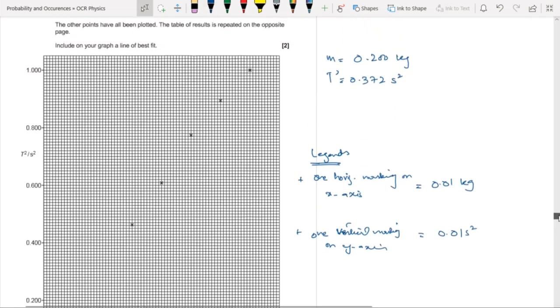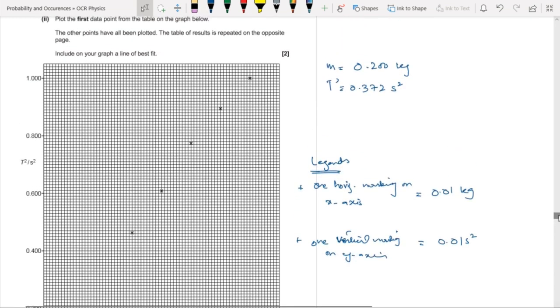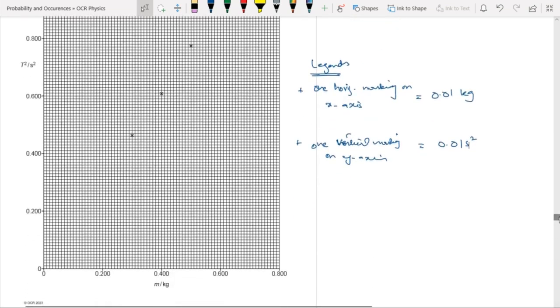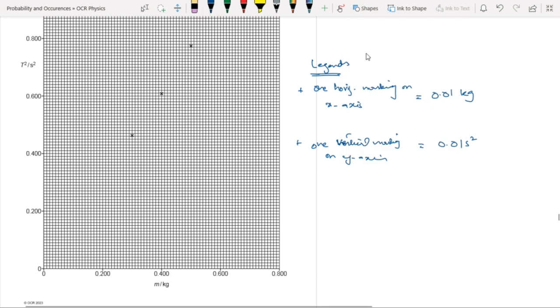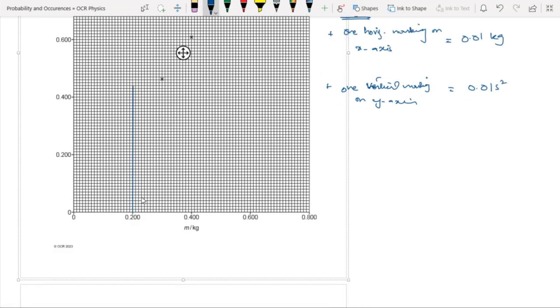All right, going back above, we needed to plot the point of 0.2 kilogram and 0.372 second squared. 0.2 kilogram is this straight line. I might use this line to show. And for 0.372, this would be 0.39, 0.38, 0.37.